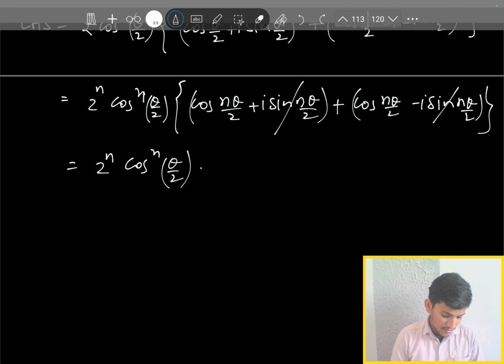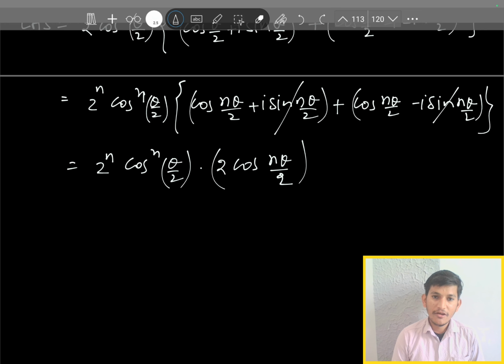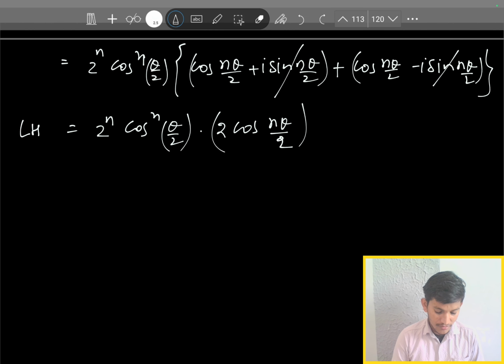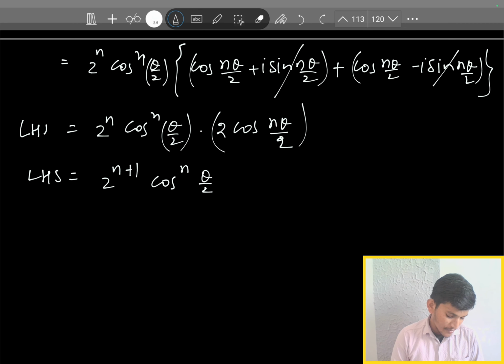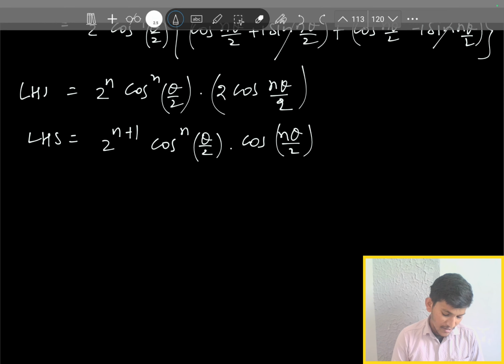So what we are left with is 2^n cos^n(theta/2) into cos n theta by 2 plus cos n theta by 2, that is 2 times cos of n theta by 2. So 2^n times 2 gives 2^(n+1), in multiplication with cos^n(theta/2) into cos of n theta by 2.